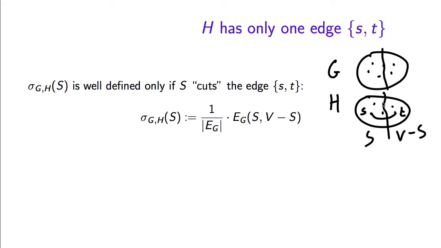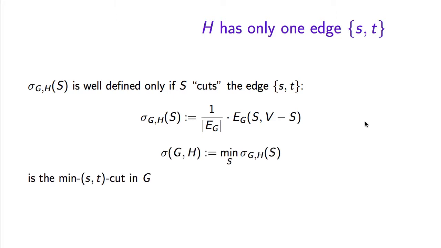So the cost function will have a division by 0. So this means that we only allow partitions S, V minus S in which the vertices S and T are separated. And for those partitions, we're looking, up to normalization, at the number of edges in G that go from S to V minus S. So this is just the ST min cut problem in G.